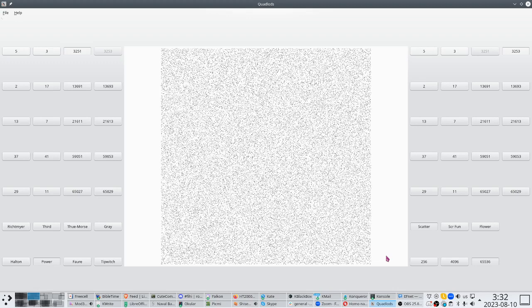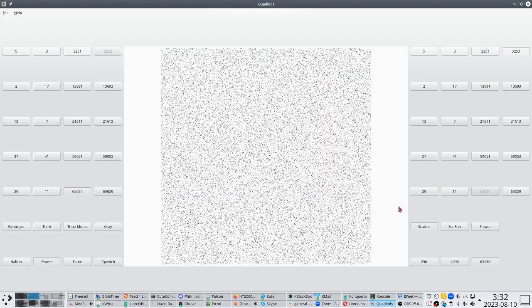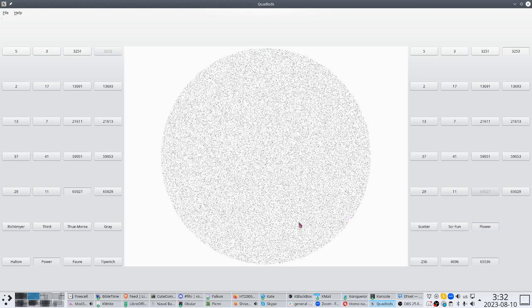I raised the digit to an exponent near the prime number divided by phi. This, for large prime numbers, produces a pattern close to random, which is easiest to see with the flower plot.